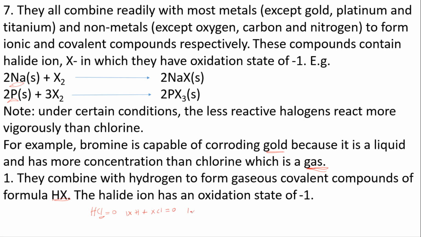Automatically you have 1 times plus 1, then plus Cl equals 0. Automatically Cl equals 0 minus 1. Then Cl equals minus 1. Practically what we are seeing here is going to have the oxidation state of -1.